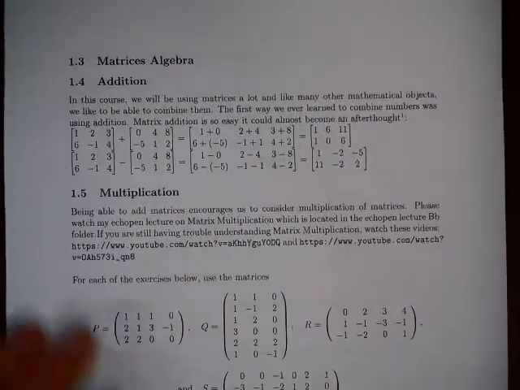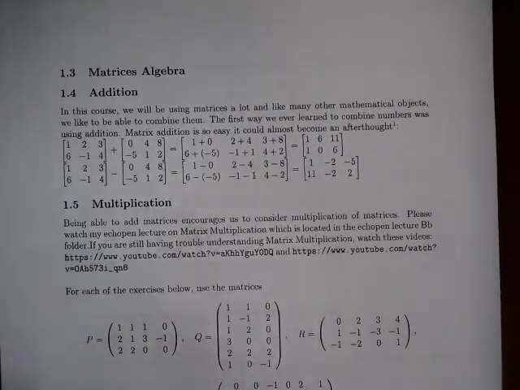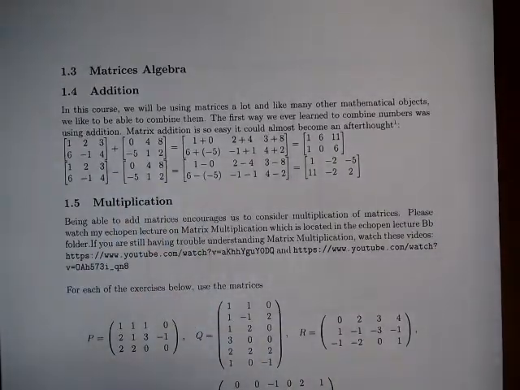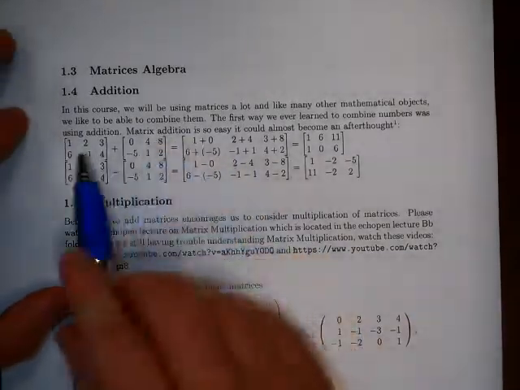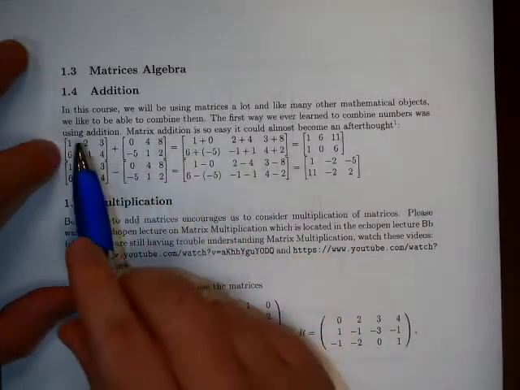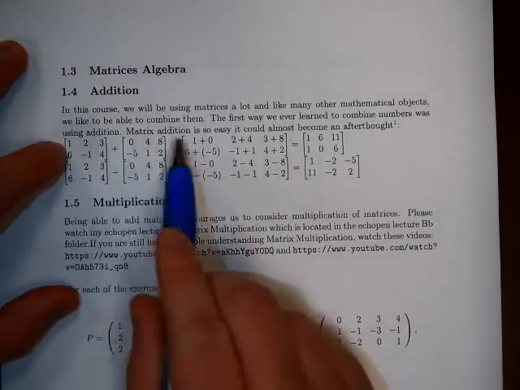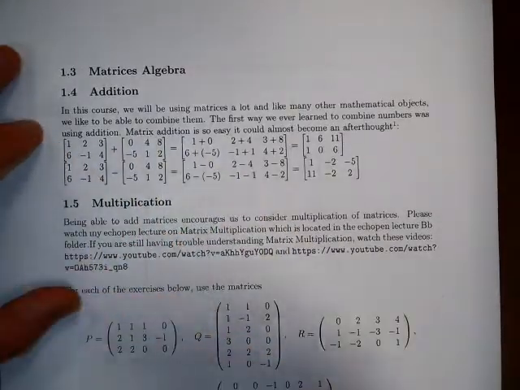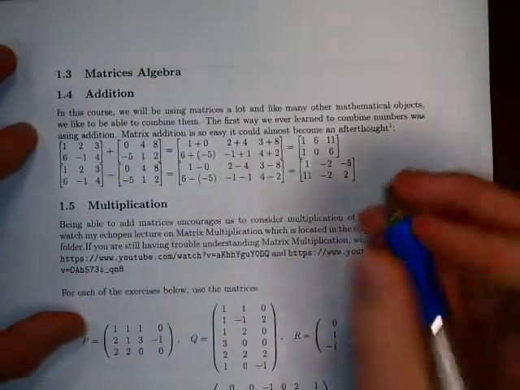Alright, so we talked a little bit earlier about how we'd want to do maybe some matrix operations, say adding matrices together or multiplying matrices. For adding matrices, it's actually pretty easy and intuitive. The idea for adding 2 matrices together is that for each element in the matrix, we add those individual values together.